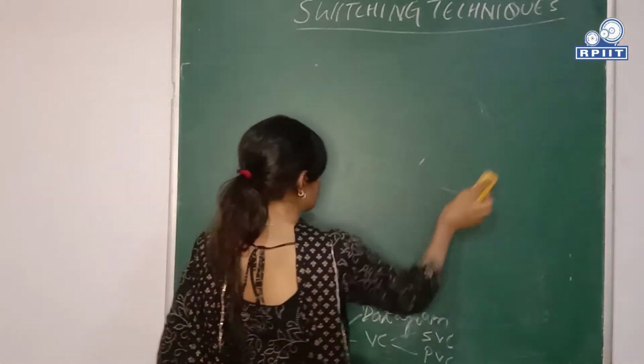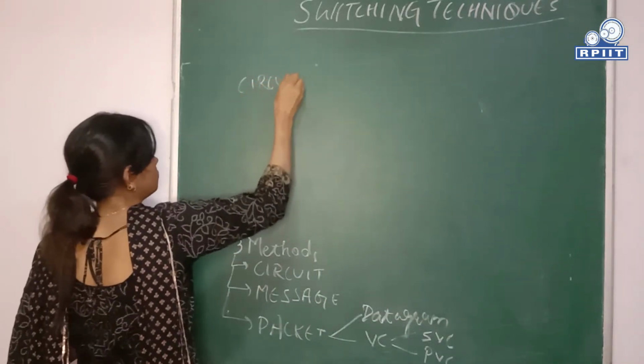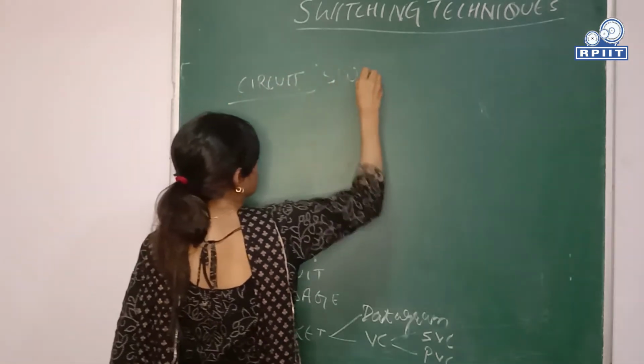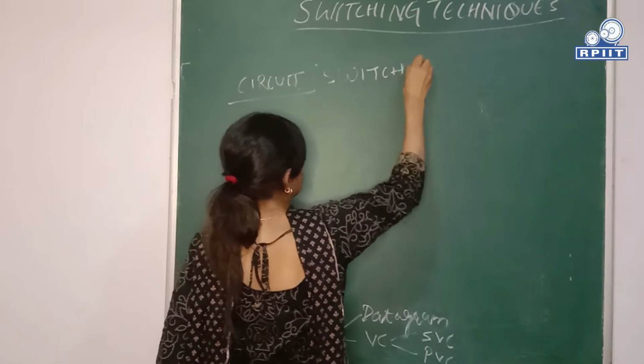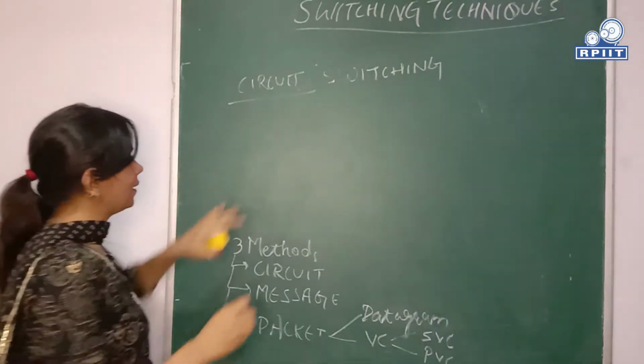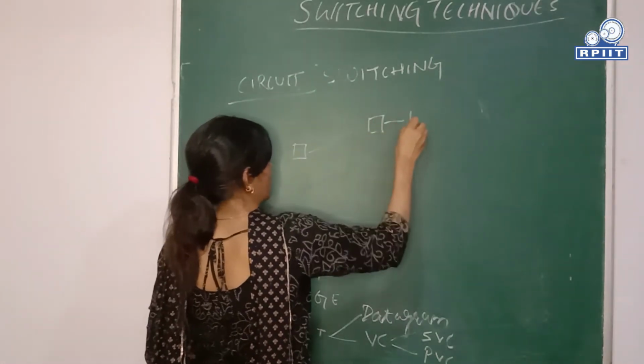The first one is circuit switching. In circuit switching, basically a dedicated circuit is established between the two endpoints.